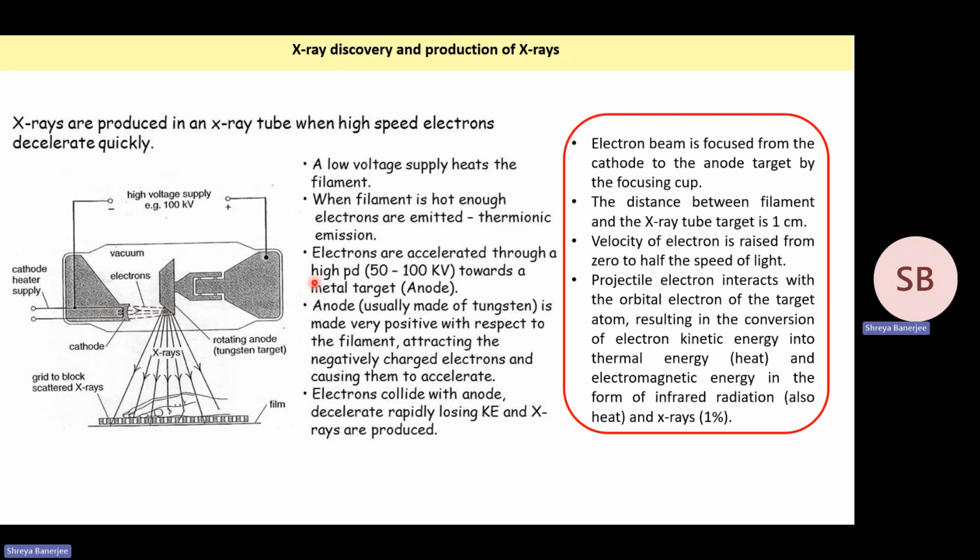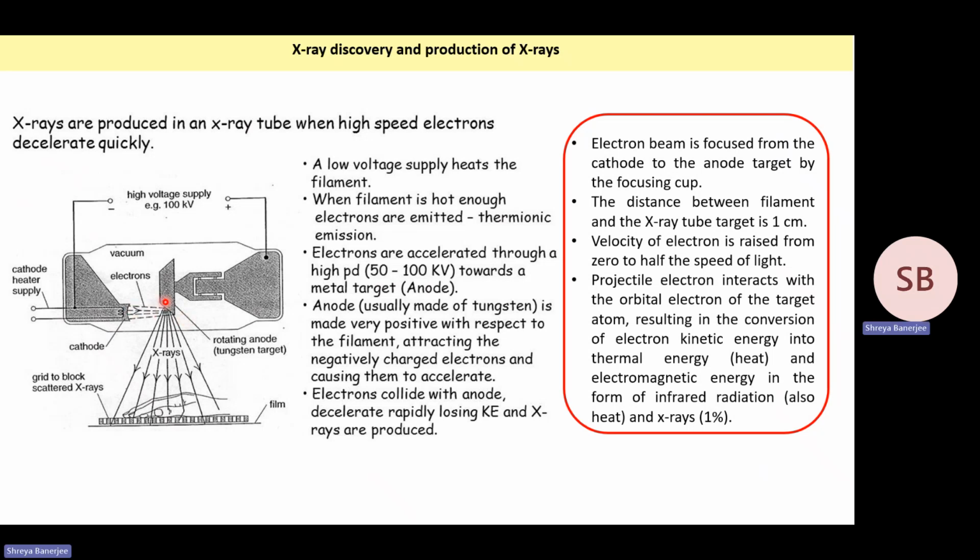There is a high potential difference between the cathode and the anode, of around 50 to 100 kilovolts. This anode, which is usually made of tungsten, is made very positive with respect to the cathode filament so that it attracts the negatively charged electrons and makes them accelerate.